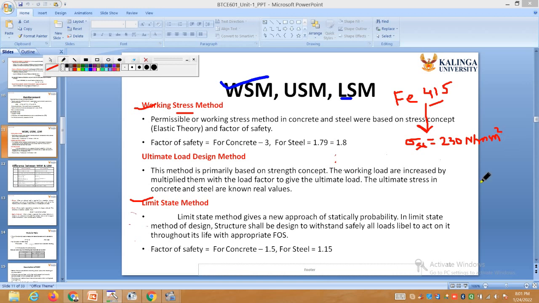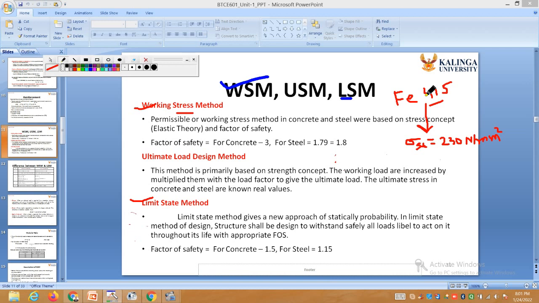Why is it recommended? Because when you are using, the designer knows that Fe415 steel bars will be used in the beam, for example, and the designer also knows that 415 Newton per mm square is the yield strength of that steel bar.